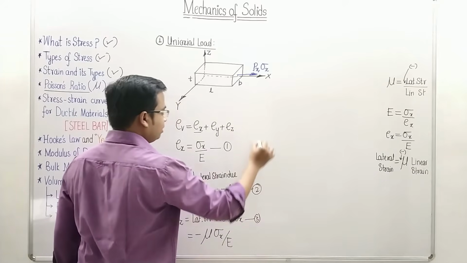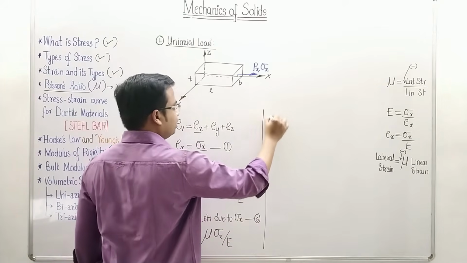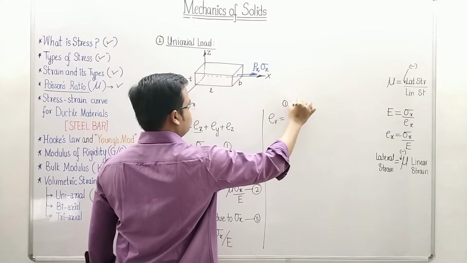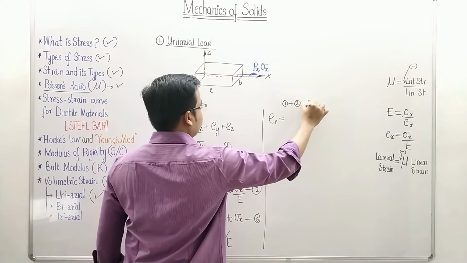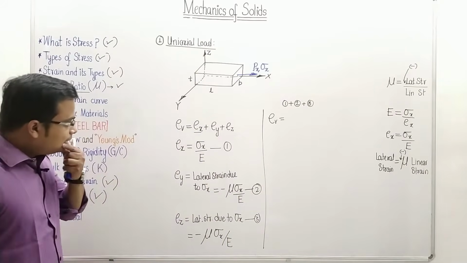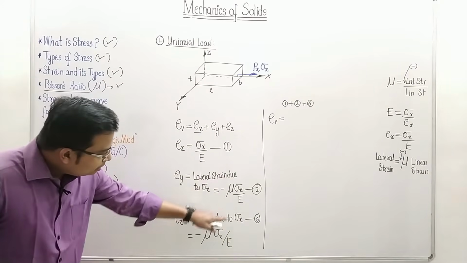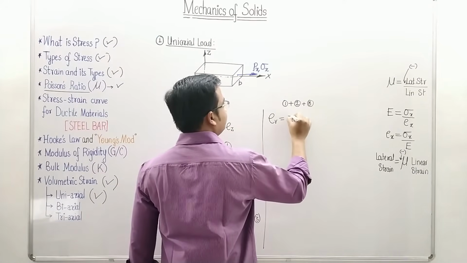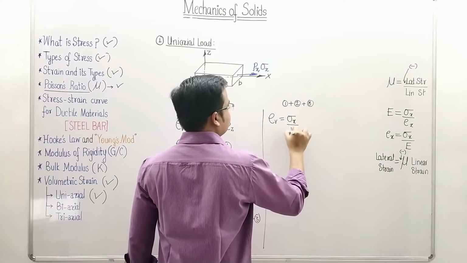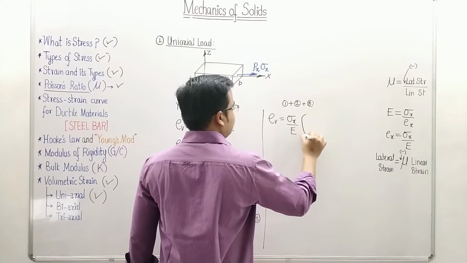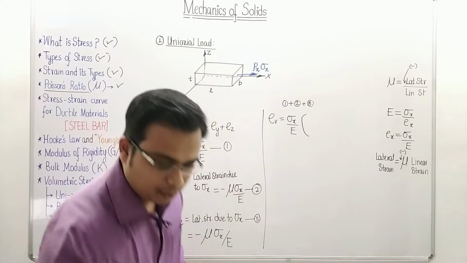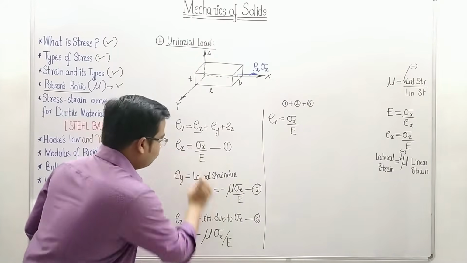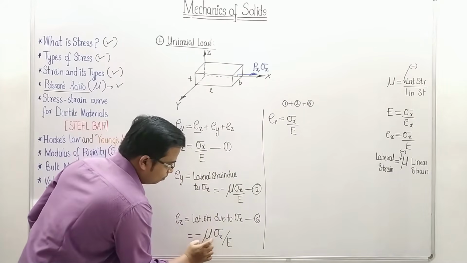Now we wish to calculate the volumetric strain, EV. EV is equal to the sum of the three strains. When you add all of these up, sigma x by E can be taken as common. So let me write sigma x over E, and the stuff remaining inside is going to be 1 minus mu minus mu.